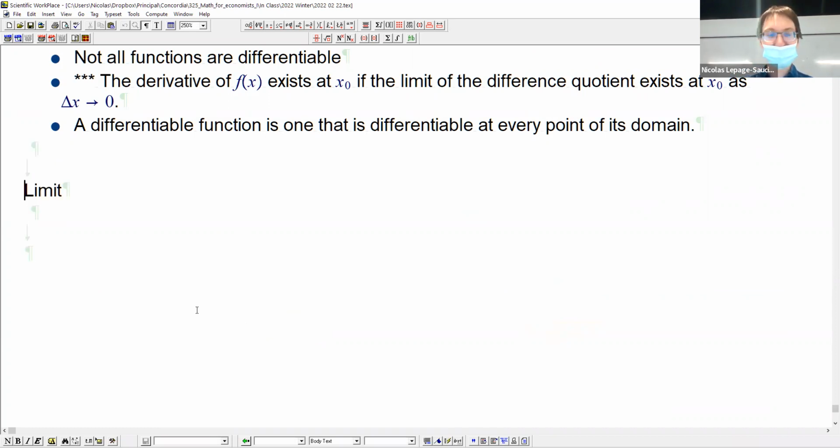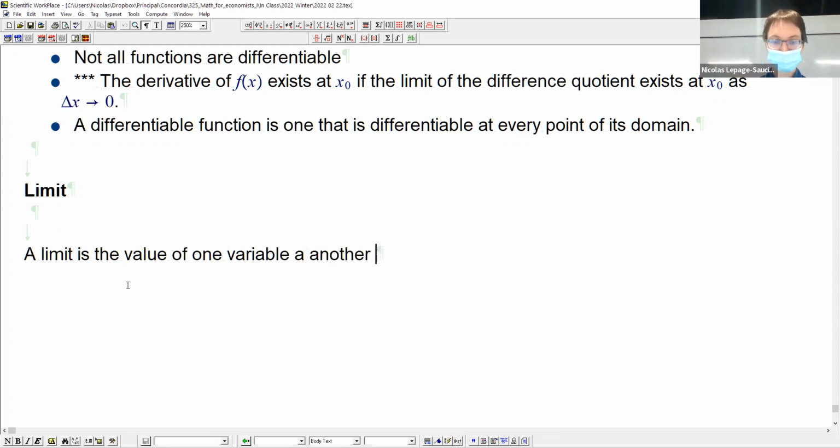All right, notion of limit. It is the value of one variable as another variable approaches a specific value.